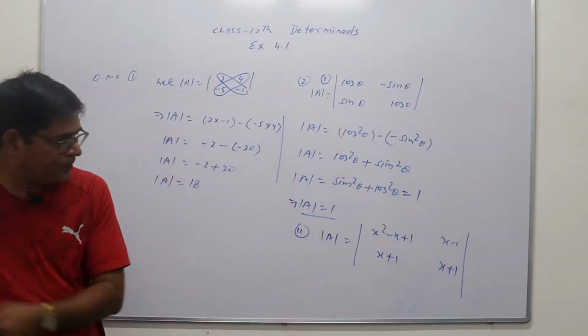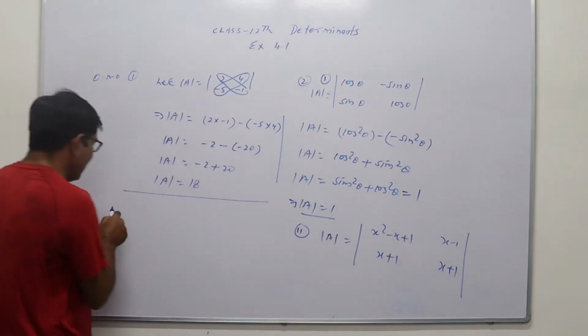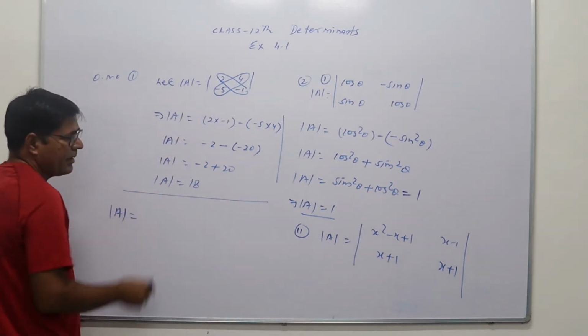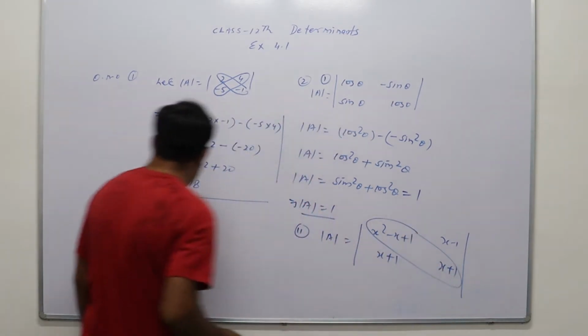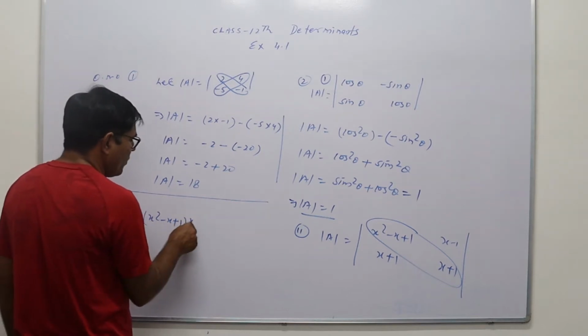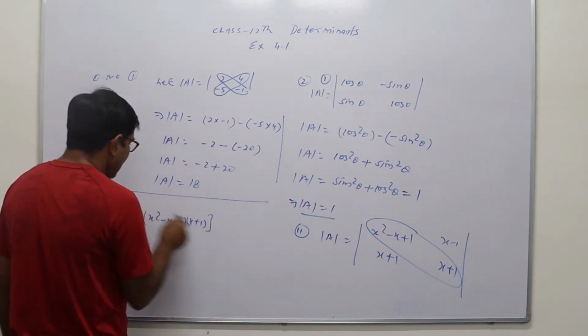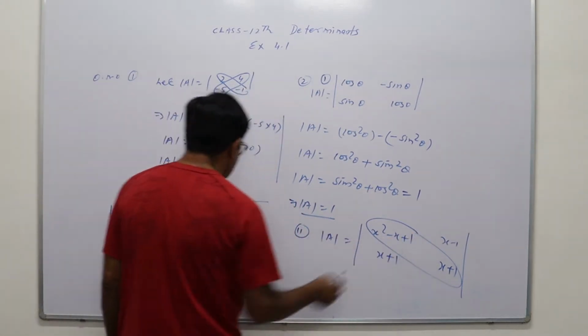So how will we calculate this? Determinant E will be equal to the product of the principal diagonal elements. These two will be multiplied. So first x square minus x plus 1 into x plus 1, then minus of the off diagonal, that is x plus 1 into x minus 1.